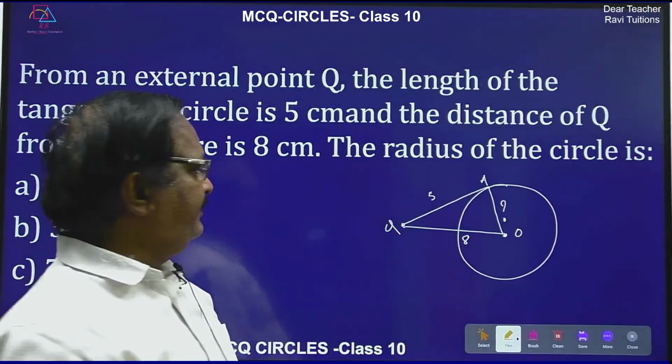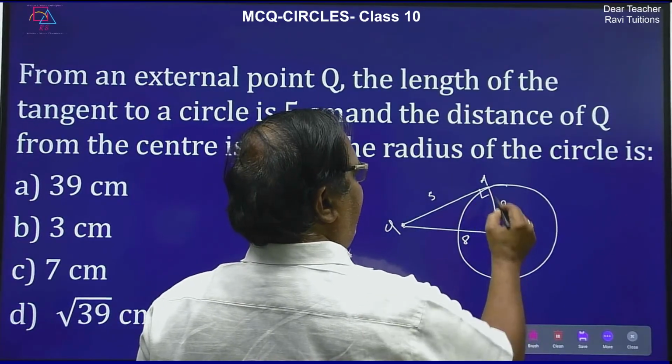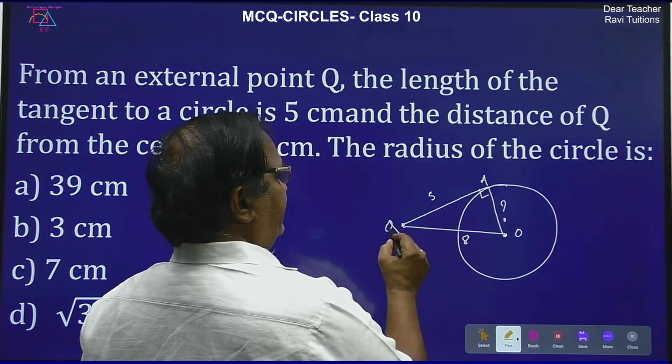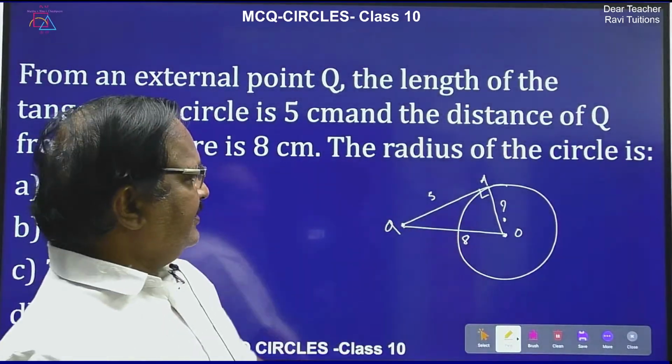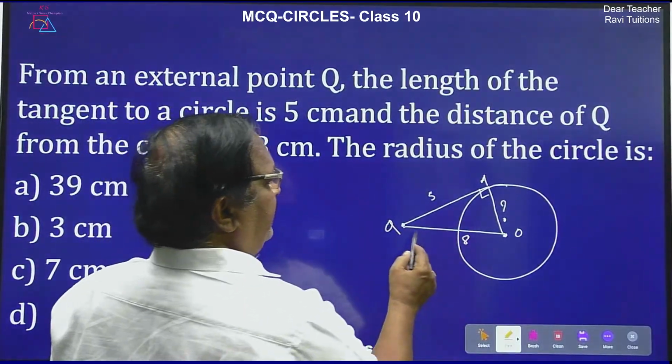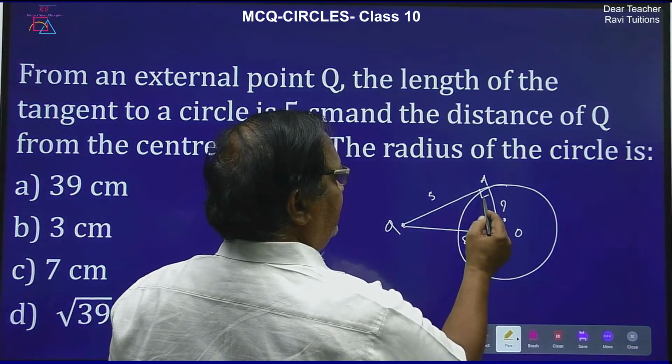Apply Pythagoras theorem, because this angle OAQ is always a right angle, so you can apply Pythagoras theorem directly. Remember that the hypotenuse is always the side opposite the 90 degrees.